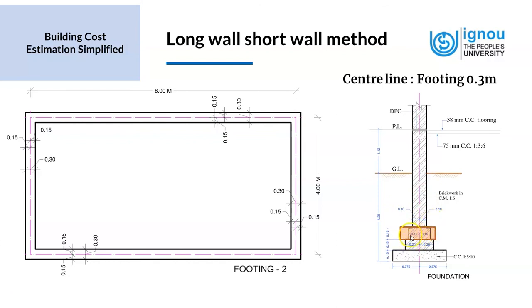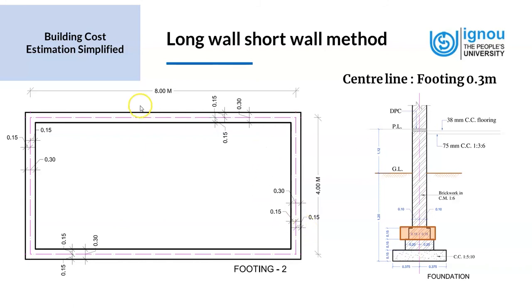And we see that on either side of the center line, it is 0.15 and 0.15. We again do the center line for the footing. The center line is constant, which is the long side is 8 meters and the short side is 4 meters, the same as in the previous cases of the concrete footing and the 0.4 meter wide footing. And because of the symmetry, there is 0.15 on one side and 0.15 on the other side of the center line.